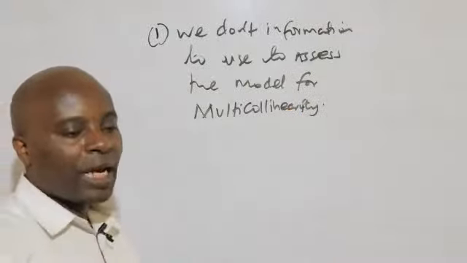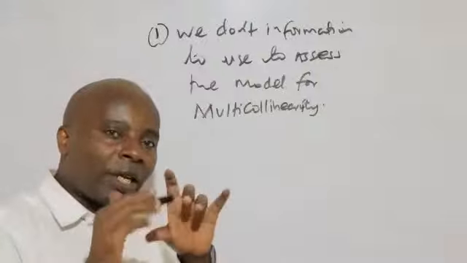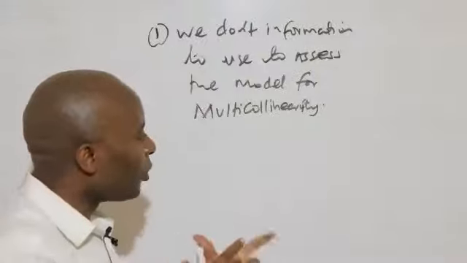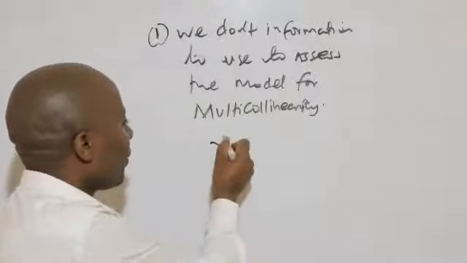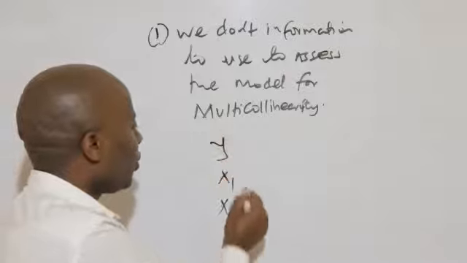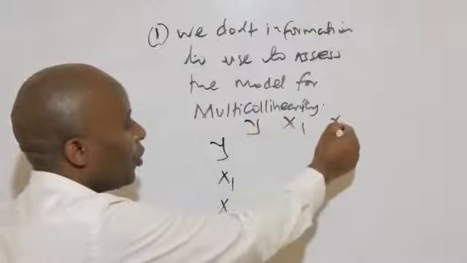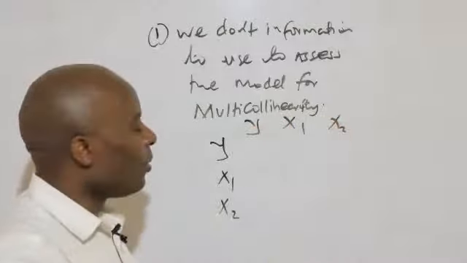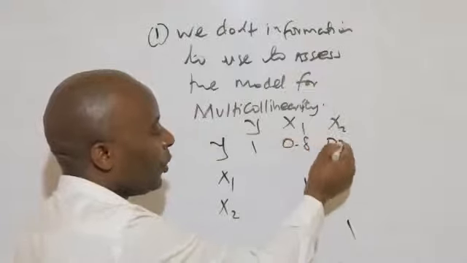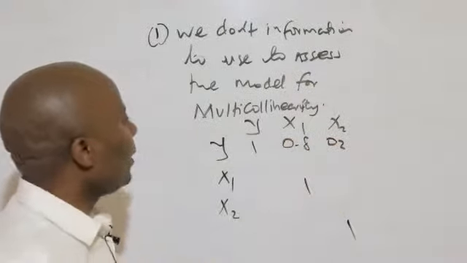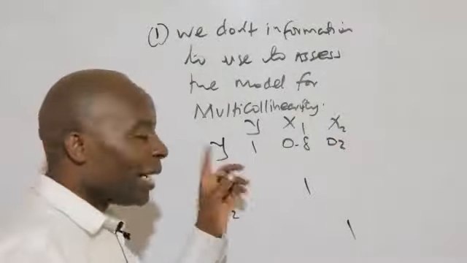So we don't have, ladies and gentlemen, what we call the correlation matrix, which we should be able to use. You see, we have y, x1, x2, like that. So remember, here they should come and give us variables. Here we have 1, 100%. And then, for example, we have 0.8, whatever. Ladies and gentlemen, this multicollinearity is a bad thing.